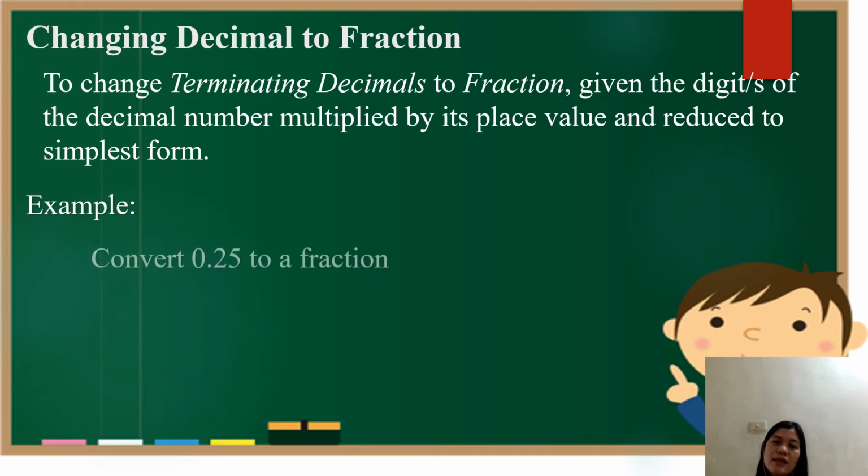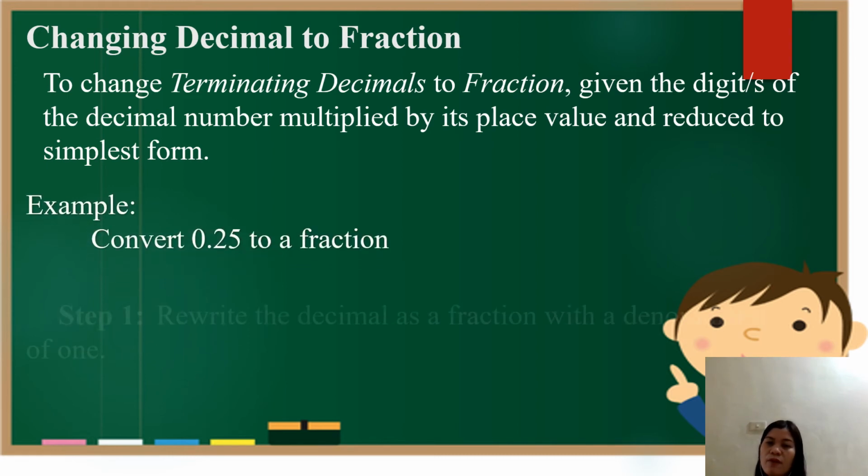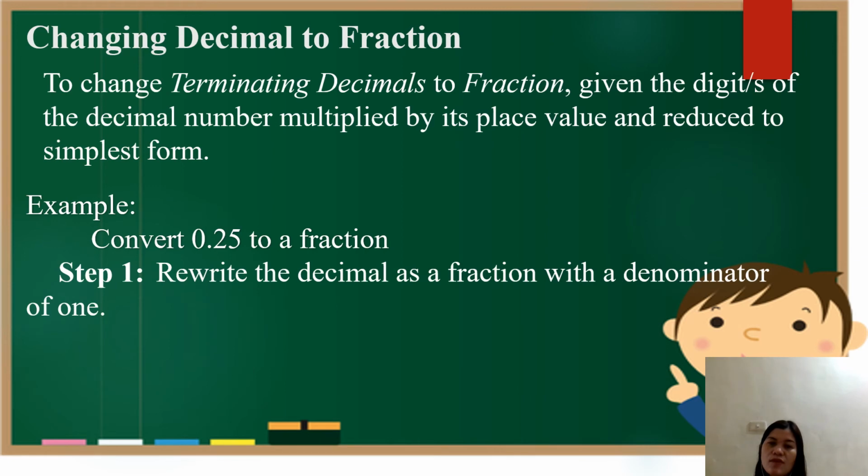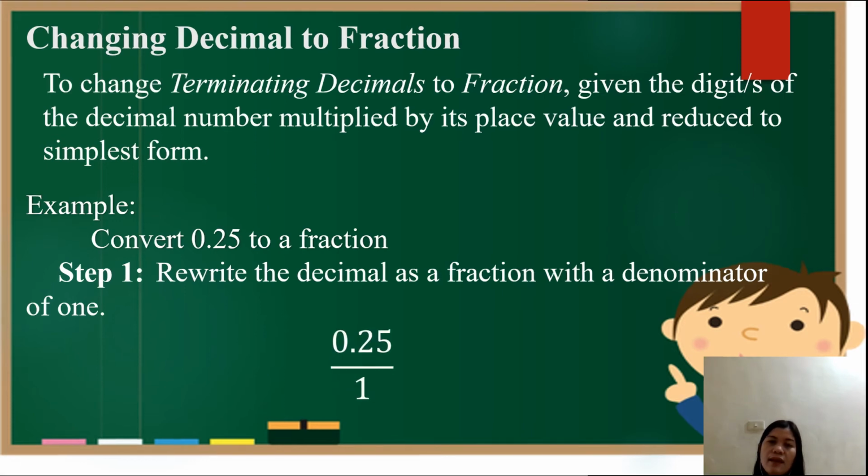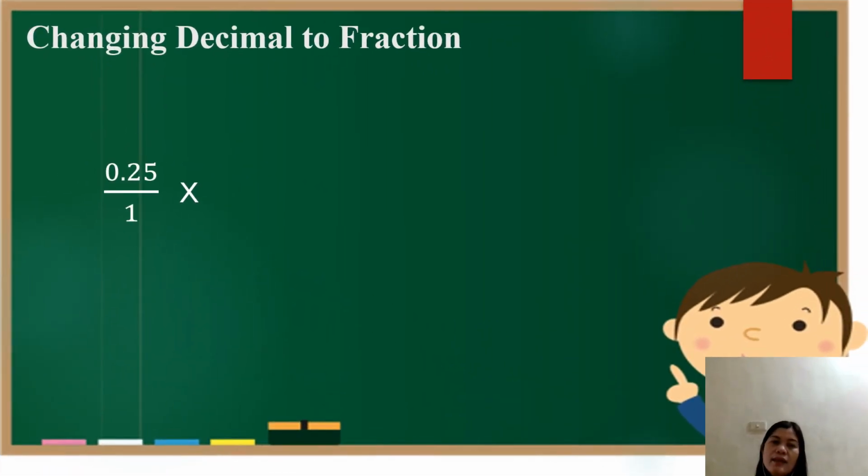Now, changing decimal to fraction. This one, class, convert 0.25 to a fraction. At this time, you just rewrite the decimal as a fraction with a denominator of 1. So as you can see, 0.25 over 1. And then, for our decimal, class, the first digit is the tenths place value, then hundredths.